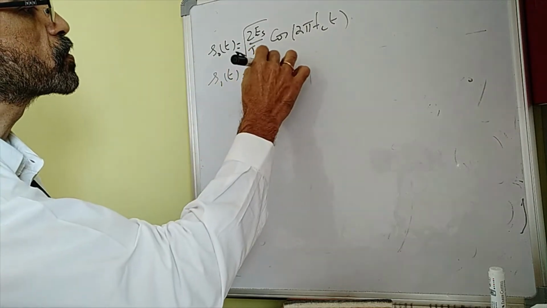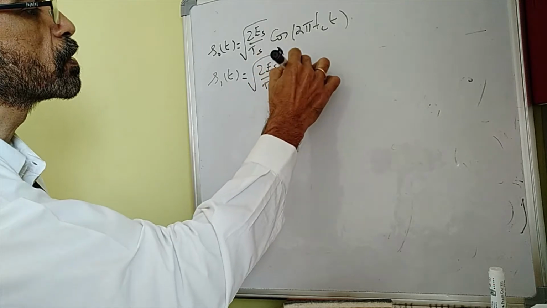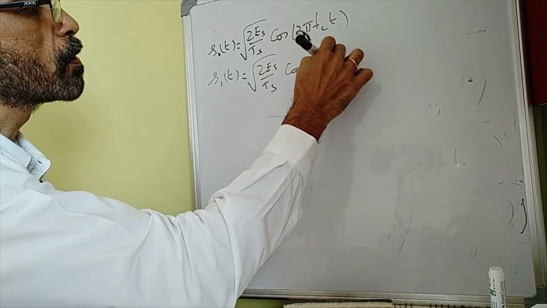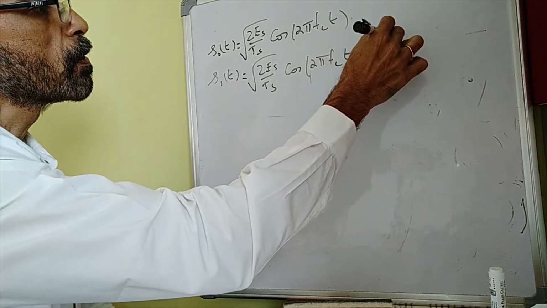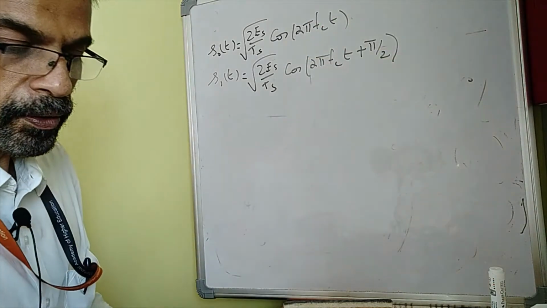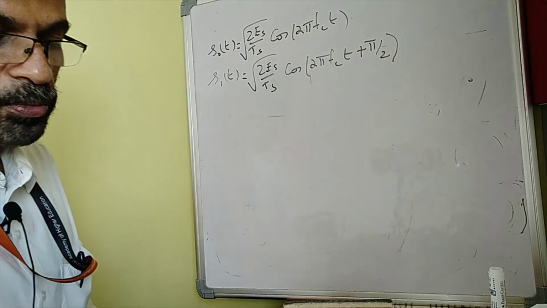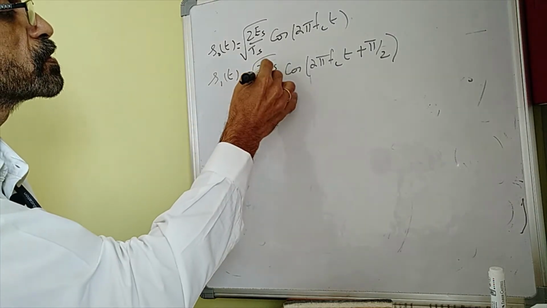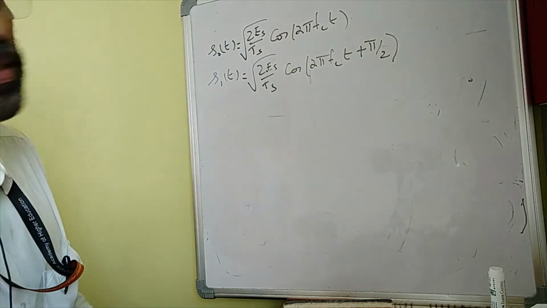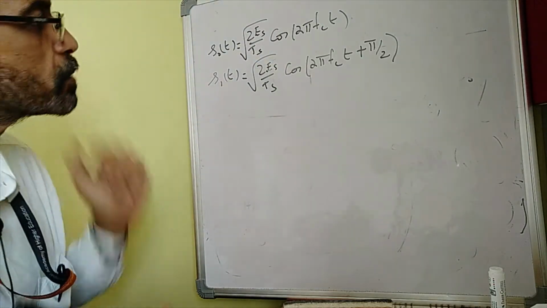The other one is cos 2 pi ft plus pi by 2, and of course Es is the symbol energy, and Ts is the symbol duration.